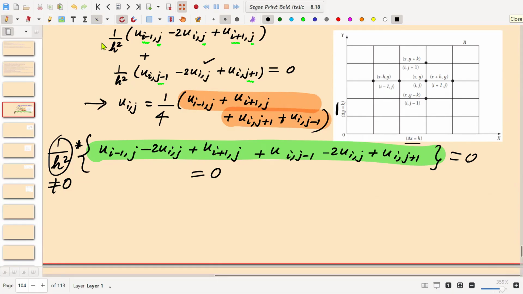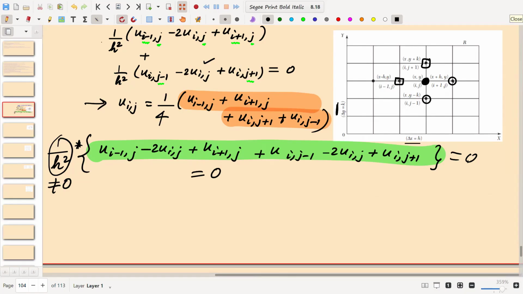If you want to find u(i,j), this method is telling you to take the average of this point, this point, this point, and this point: 1/4 times u(i-1,j), u(i+1,j), u(i,j+1), u(i,j-1). You take the average of the left, right, top, bottom, and then you get the value at the center u(i,j). The same applies to any other point you go to.